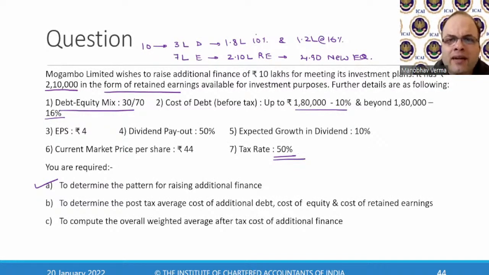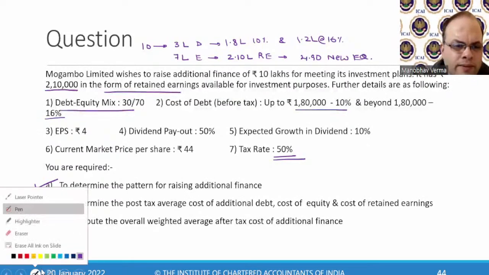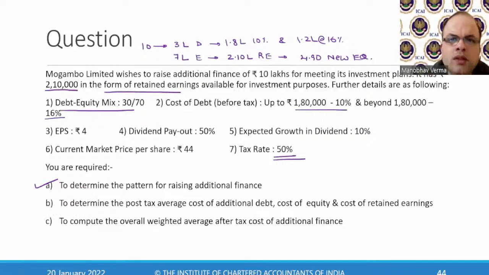So for debt, we have 5% for this, and we have 8% for this, because my tax is 50%. So we have two different types of debt here, 5% and 8%.